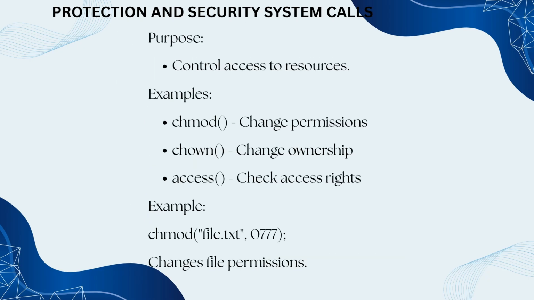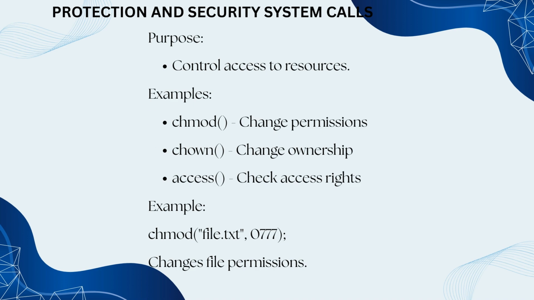The next type of system call is protection and security system calls. It is mainly used to control access to the resources. Here we have some common examples. The first is chmod, which is used to change the permission of any file. The second is chown, which means change the ownership; it is used to change the ownership from one owner to another. The third one is the access system call.